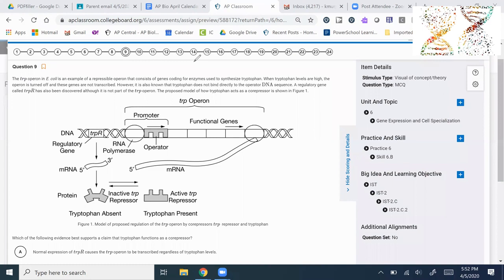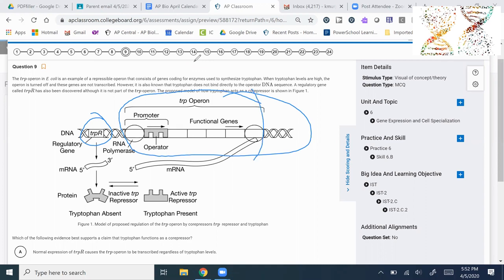All right, so if you're looking at this, remember here's the regulatory gene, trpR. It's not part of the operon because this tells you right here, this is all of the operon. Should have cut in about right there, sorry.